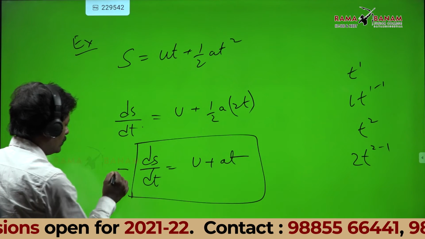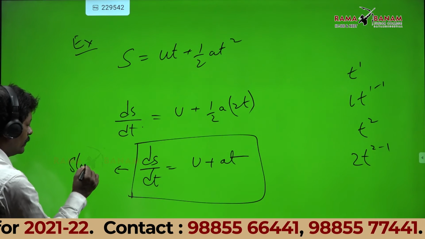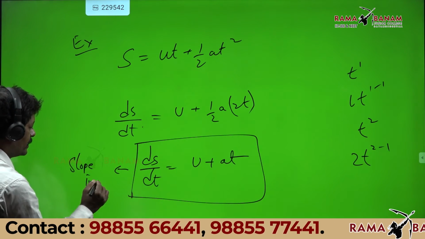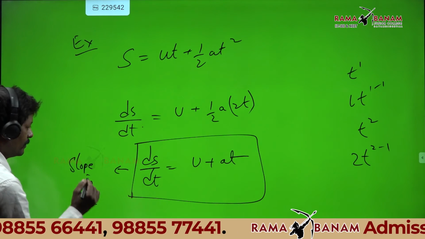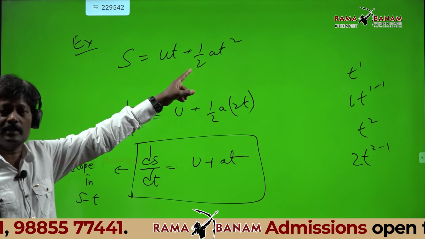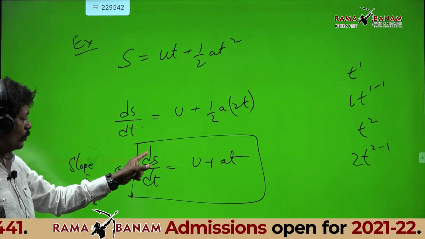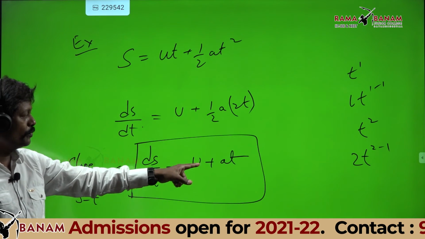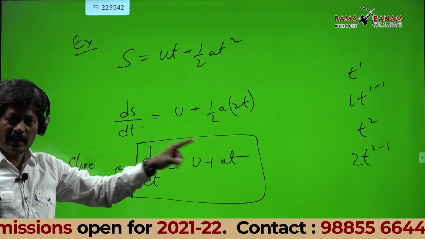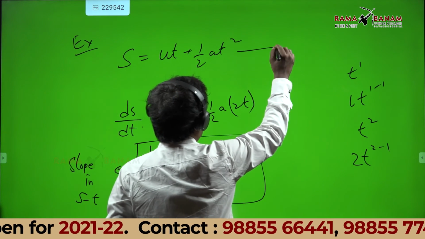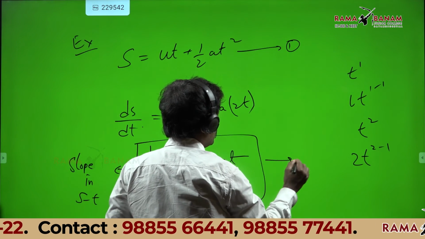Now this is the slope in the ST graph. So what is the slope in the ST graph? u plus at. I will explain how to draw the graph. Equation 1, equation 2.